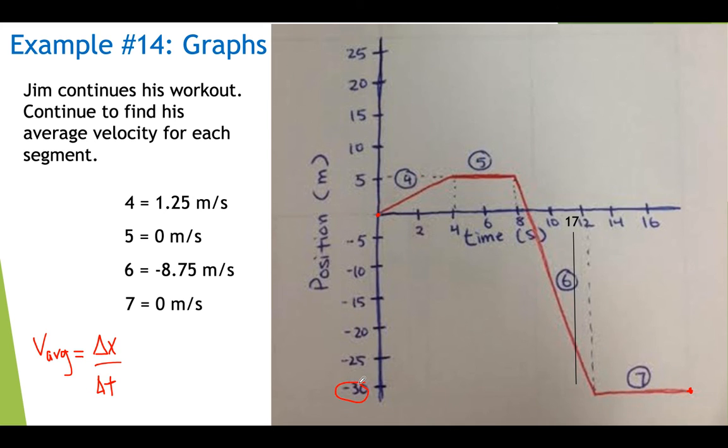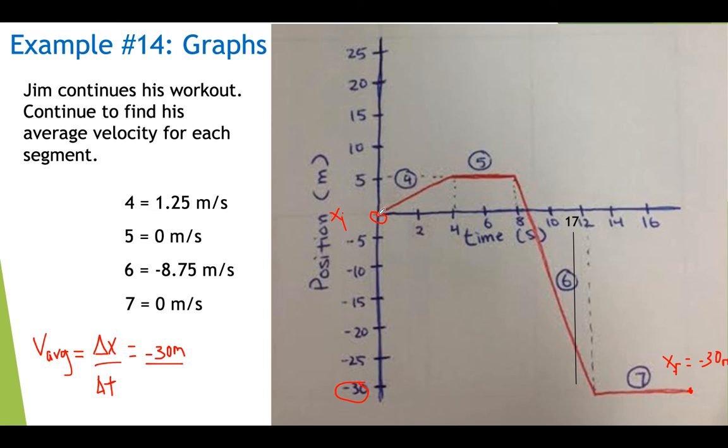Our final position is technically negative 30. So x final is negative 30 meters. And our initial position was technically 0. So our displacement is the difference between those two. So it's technically going to be negative 30 meters minus 0.